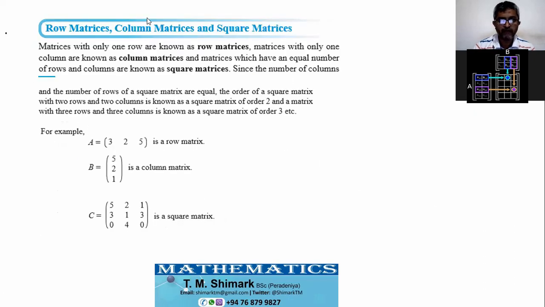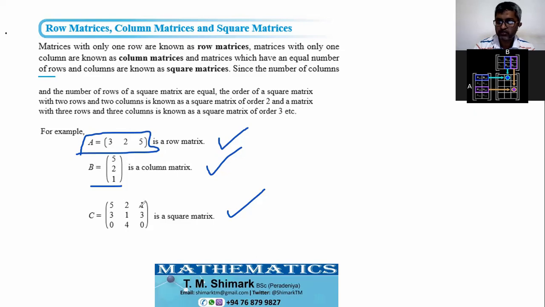Now we have row matrices, column matrices, and square matrices. This we call a row matrix, as we have only one row. Then we have only one column, so we call this a column matrix. This one we call a square matrix.